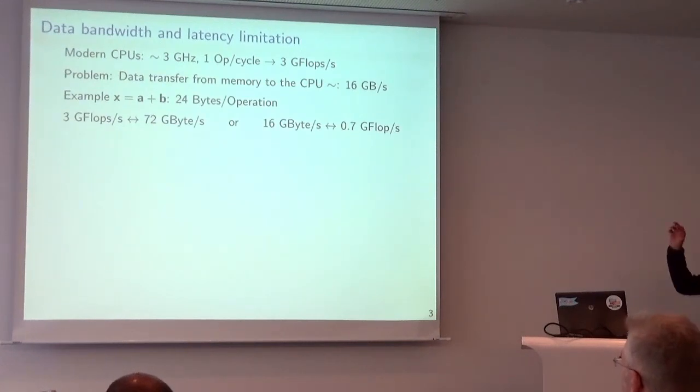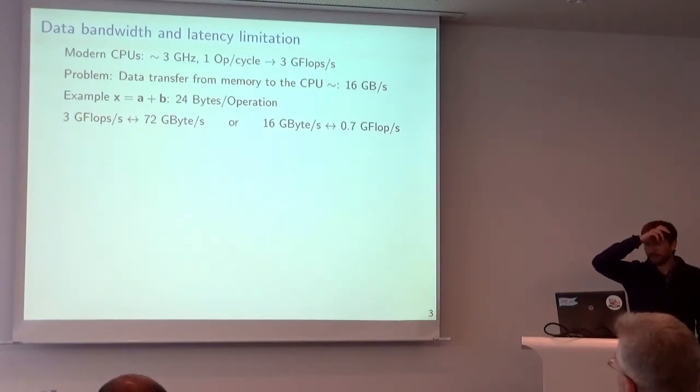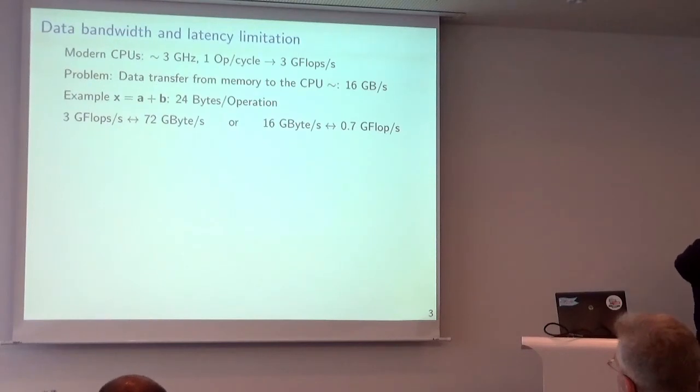So I just took specs from the Core i5 CPU in my laptop, which has some 16 gigabytes per second from main memory. And if you do a simple operation like vector addition, you need to transfer 24 bytes for every operation you do. And if you want to reach 3 gigaflops, that means you need 72 gigabytes per second.